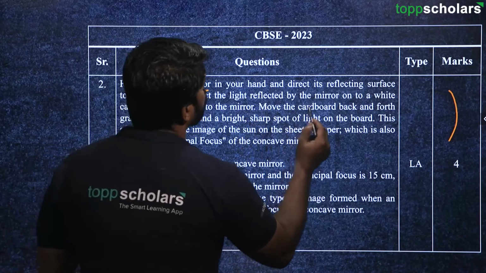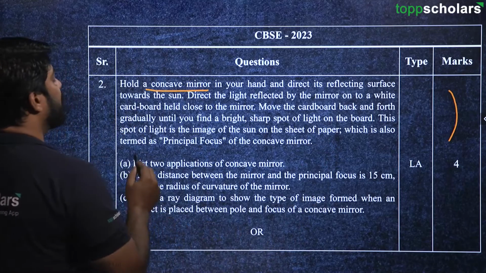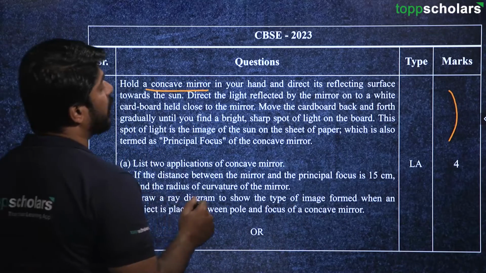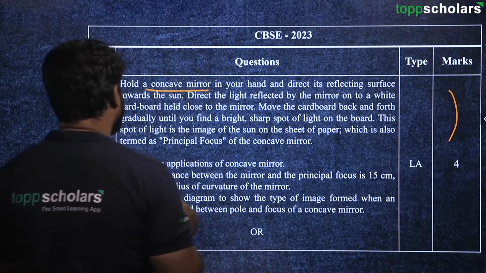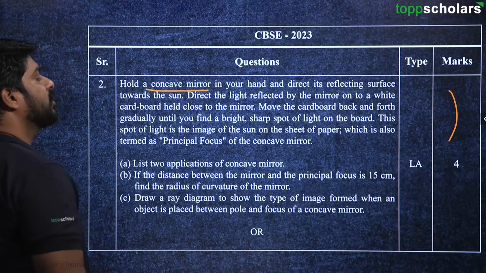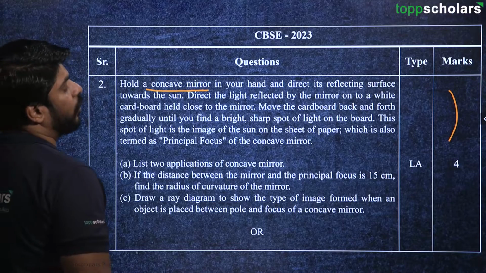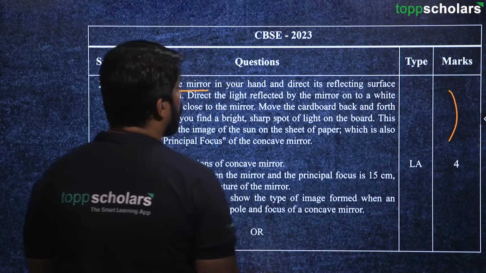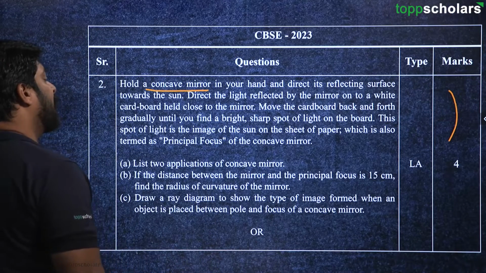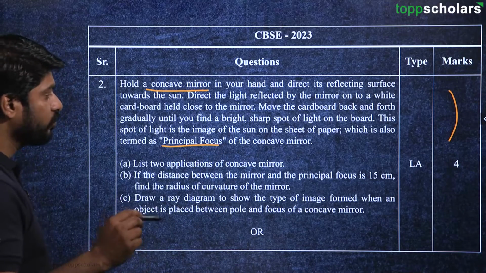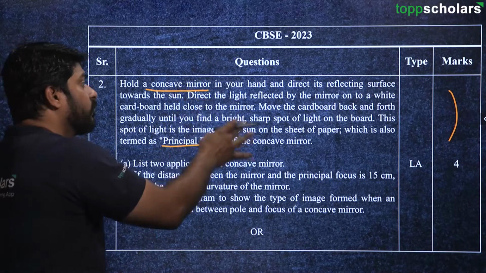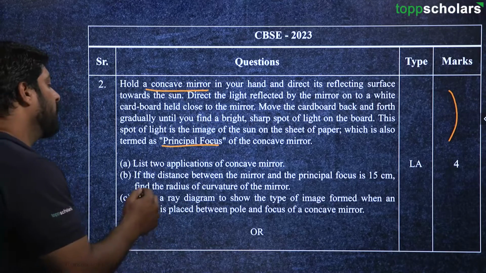Move the cardboard back and forth gradually until you find a bright sharp spot of light on the board. This spot of light is the image of the sun on the sheet of paper, which is also termed the principal focus of the concave mirror. So some information is given, right?